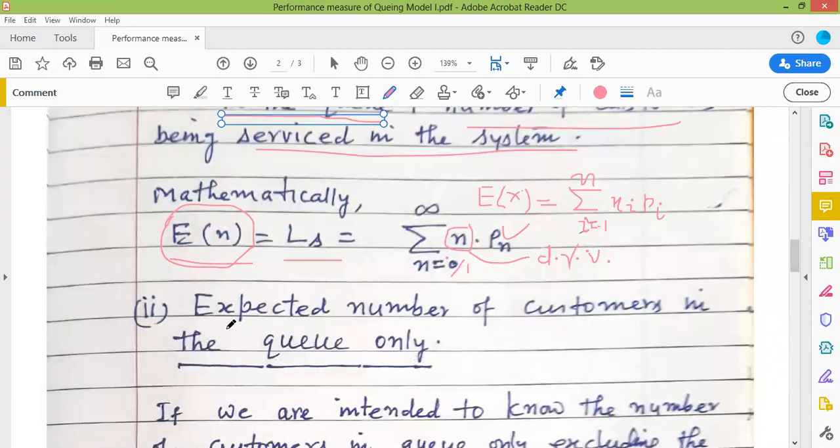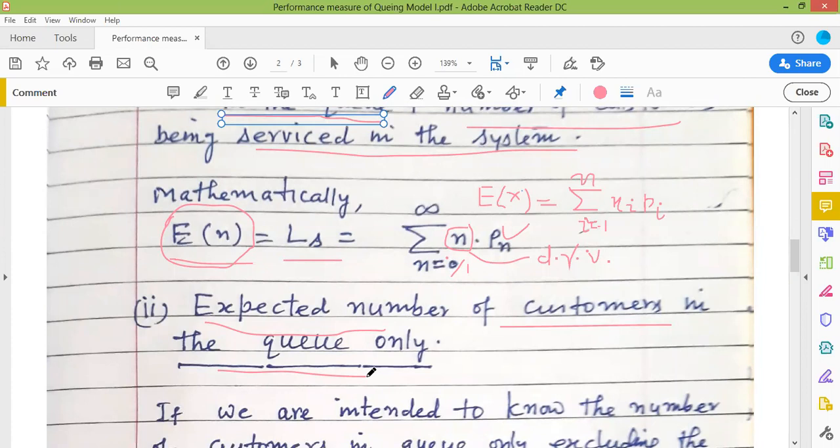The second one is the expected number of customers in the queue only. Why are we making emphasis on knowing the expected number of customers in the system? Suppose the expected number of customers in the system, or in the queue, is very high, what does it mean?